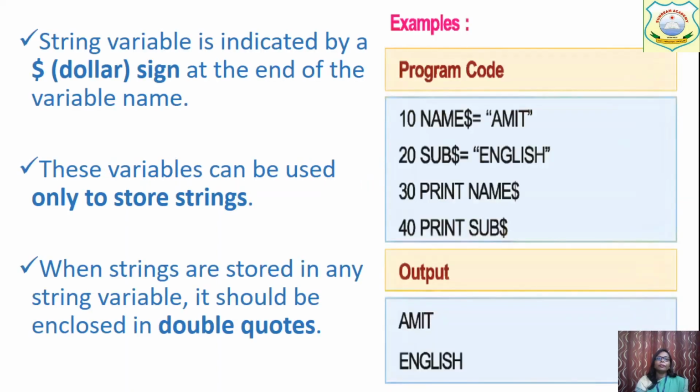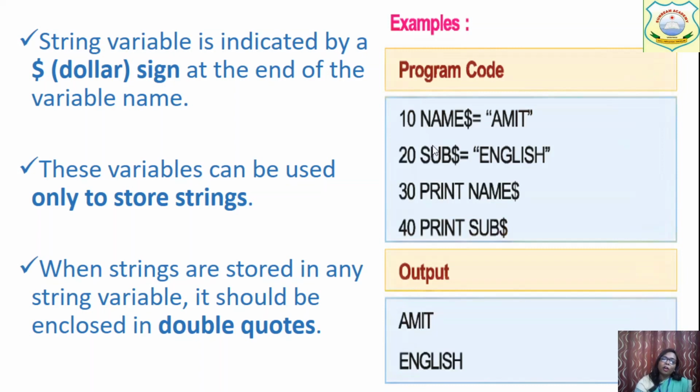Now string variable: a string variable is indicated by a dollar sign at the end of the variable name. Now you know where the dollar sign is used and why dollar is permitted, because the dollar sign shows that this variable is a string variable. In a numeric variable we store numeric values, and in a string variable we can store only string constants. So a string variable is used to store string values and a numeric variable is used to store numeric values.